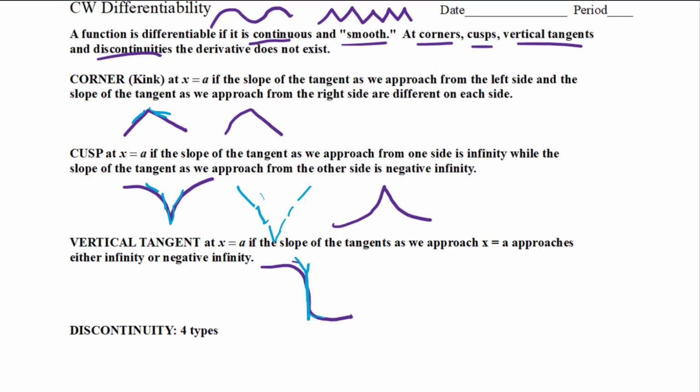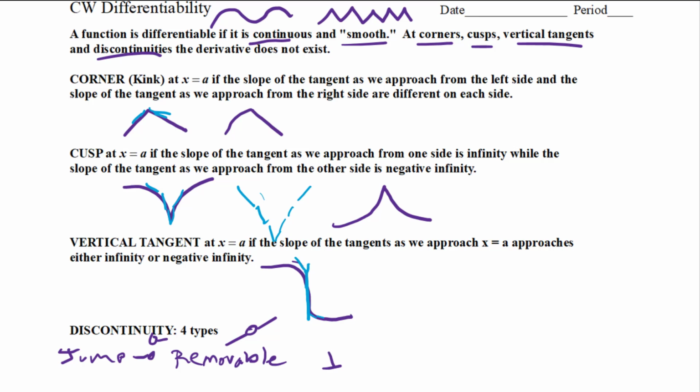We have four different types of discontinuities. The first one is a jump, which we know what that looks like. There's a point and we're making a jump. The second one is a removable, which means a point is taken out.